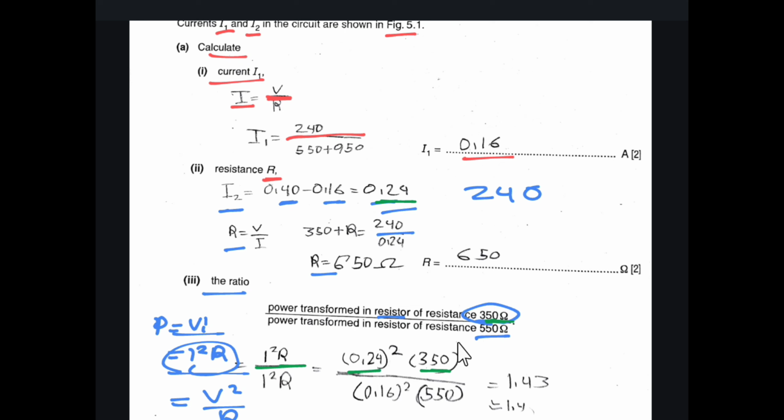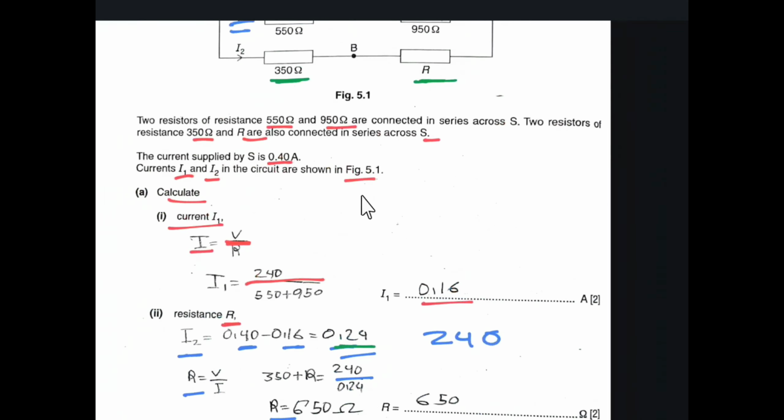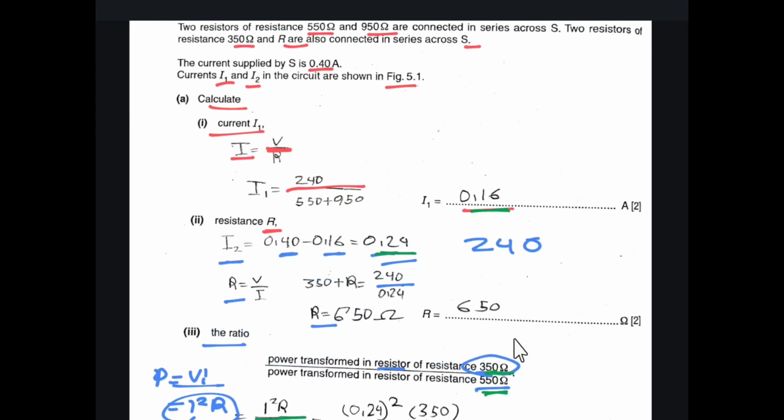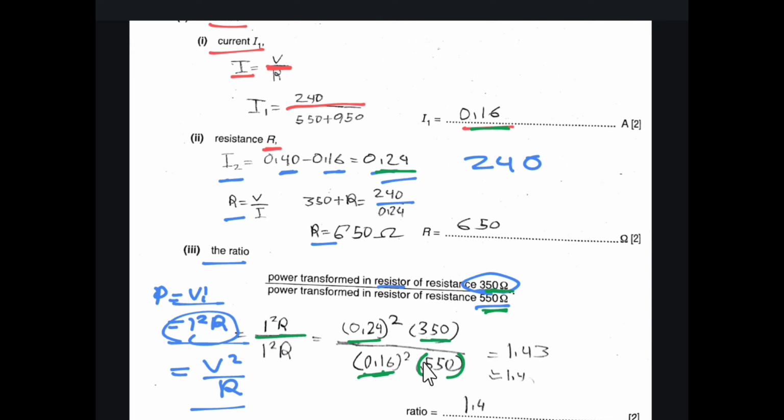Then the power at the 550 ohm resistor would be its resistance, that is 550, and the current is the total current minus I2, that is the current I1, which is 0.16, so 0.16 square. After substituting the values, we get our answer as 1.43, and correct to two significant figures it would be 1.4 as the ratio.